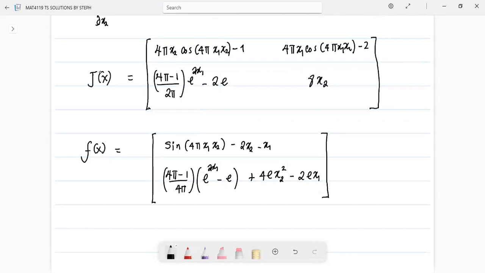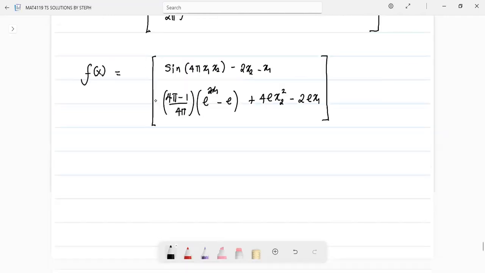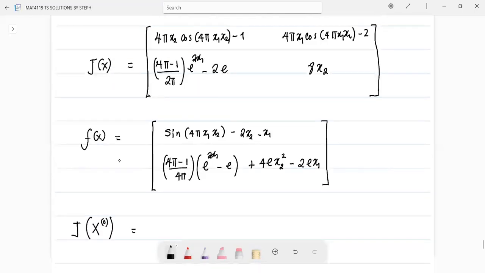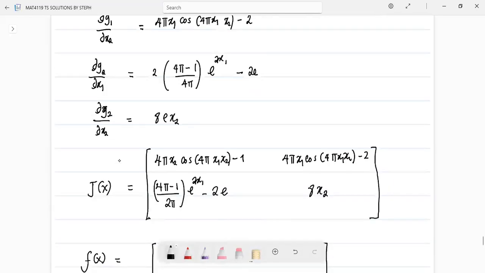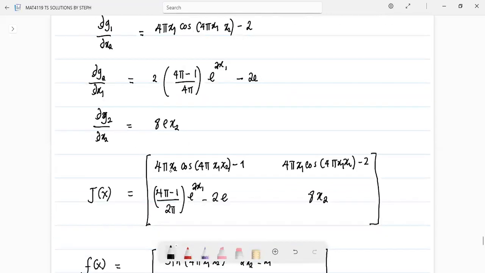Now we are going to make use of our initial condition. We evaluate our Jacobian matrix at this initial approximation, x naught. Remember that our x naught here is simply 0, 0, so x1 and x2 are zeros.